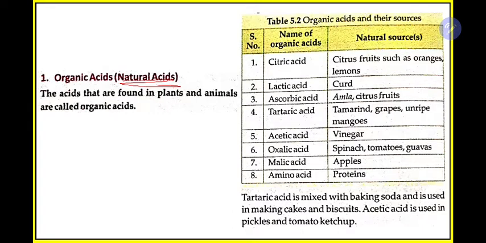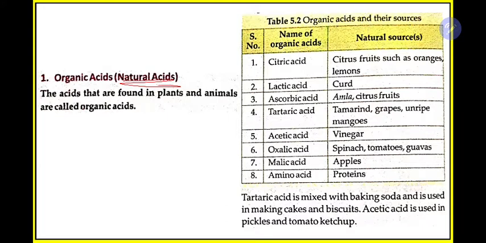Orange, then different other things such as amla, then apples, tomato. These things are not produced by you, the nature is giving these things, right? So as we are getting these acids ultimately from nature, we call them natural acids or organic acid.